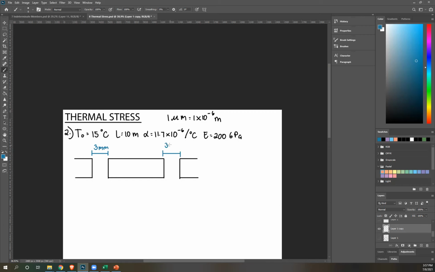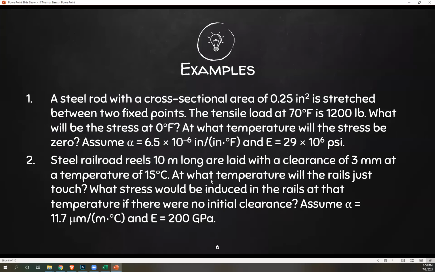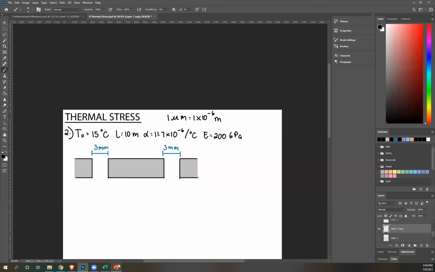That's our clearance. So again, the question is, at what temperature will they touch? So we need this to expand. So there's an increase in temperature, and then the final position would be this, right? They're touching here.